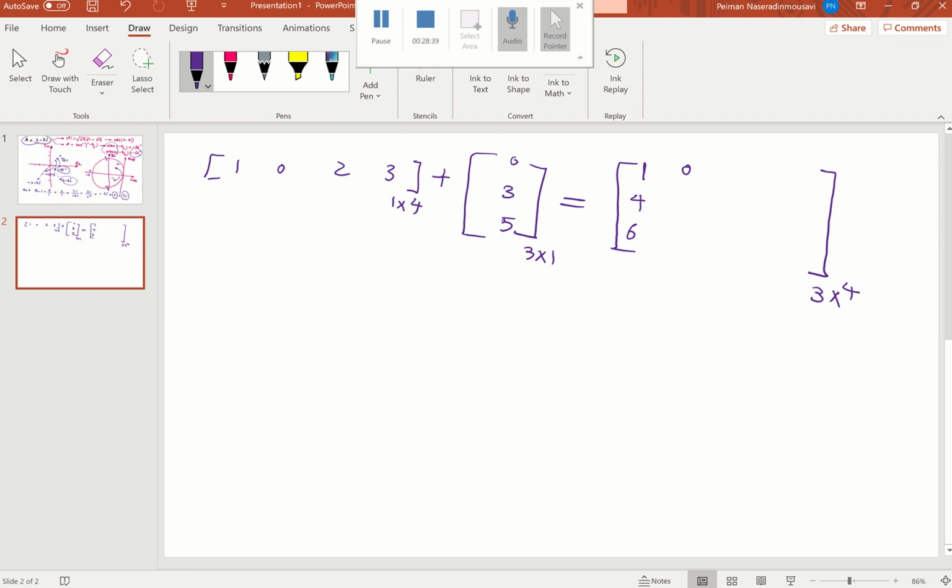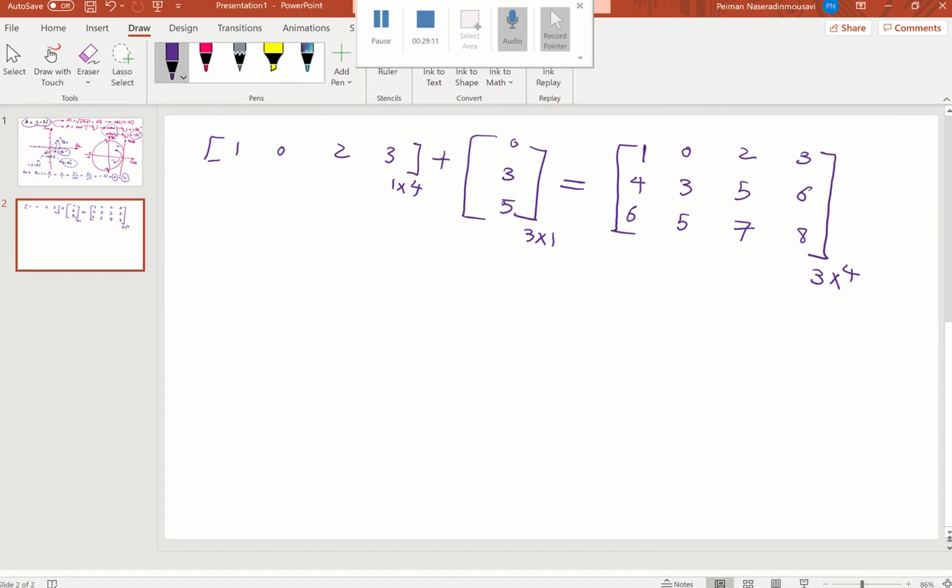Now 0, 3, 5, 2, 5, 7, and 3, 6, and 8. So 1, 4, 6, 0, 3, 5, 2, 5, 7, and so you have a 3 by 4 matrix.